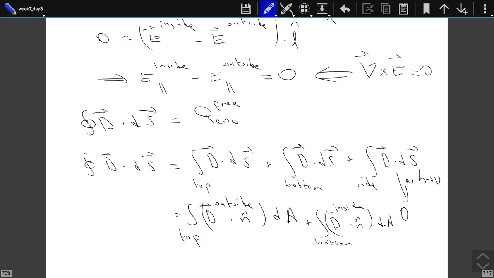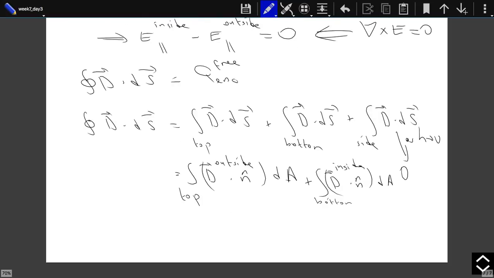Well, my areas are very small. Since my areas are very small, these are almost constant within that area. I can just take these out. What remains is just the D outside minus the D inside, scalar product with n, times A.